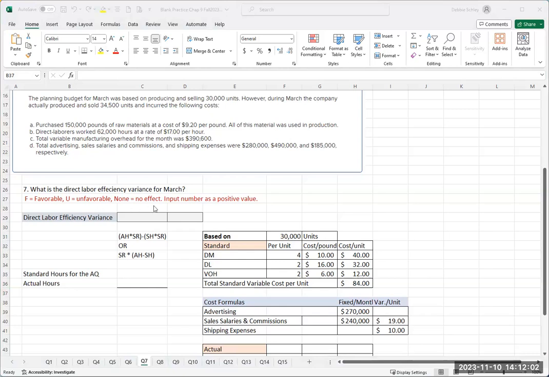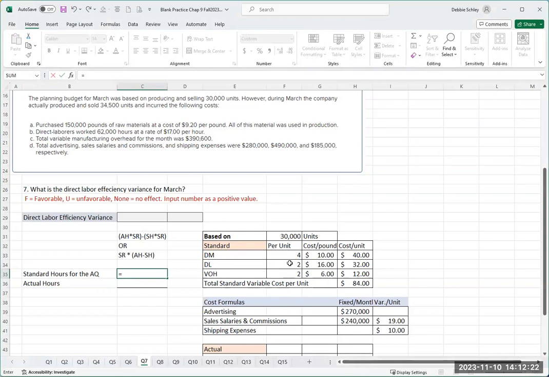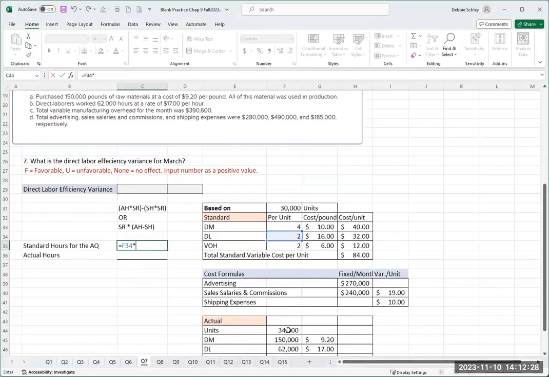Direct labor efficiency. Remember that's going to be AH times SR minus SH times SR, or SR times AH minus SH. Either way. So the standard hours for the actual quantity is going to be the direct labor hours per unit times the units.